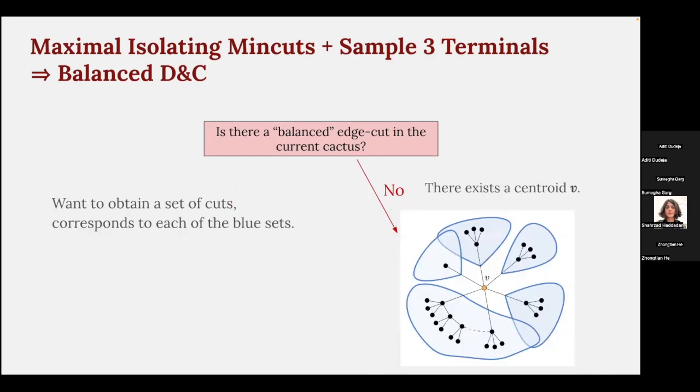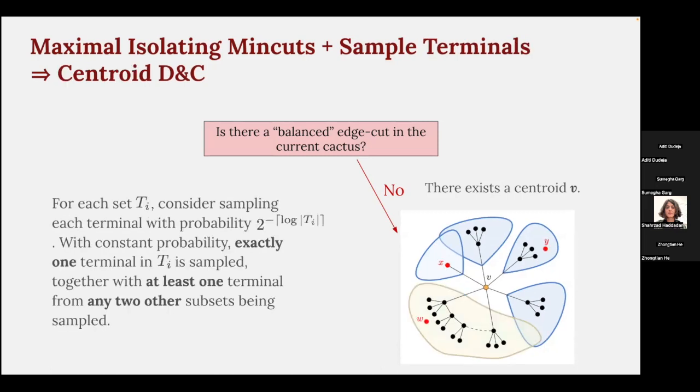Okay, so this is the easier part, and the hard part is this: we want to obtain a set of cuts corresponding to the blue ones. For each T_i, where T_i is one of the blue parts, we consider sampling each terminal with probability 2 to the minus log T_i. Then with constant probability, exactly one terminal in T_i is sampled, together with at least one terminal from any two other subsets being sampled.